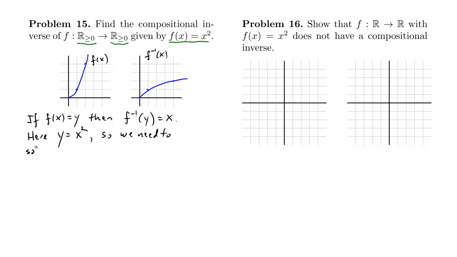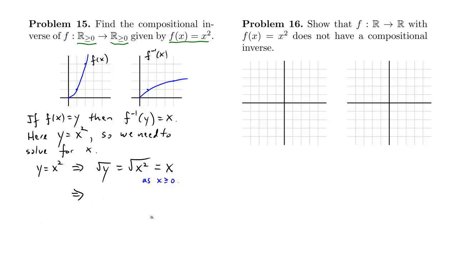So to find the formula for f inverse, we simply have to solve for x as a function of y. So let's take the equation y equals x squared and take the square root of both sides. Thus the square root of y equals the square root of x squared. Since our inputs to f are either 0 or positive, we know that x is either 0 or positive, and thus the square root of x squared is just x again.